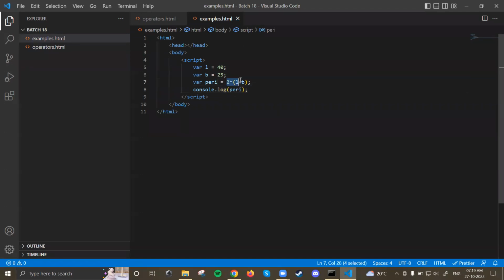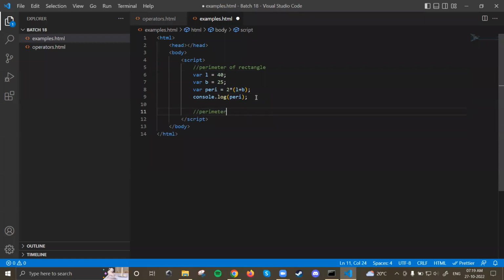We used this expression, 2 into L plus B. Now we'll see more uses of these expressions. I'll write it, perimeter of a rectangle. Like this, you can find out the perimeter of a square. So what will be the perimeter of a square?